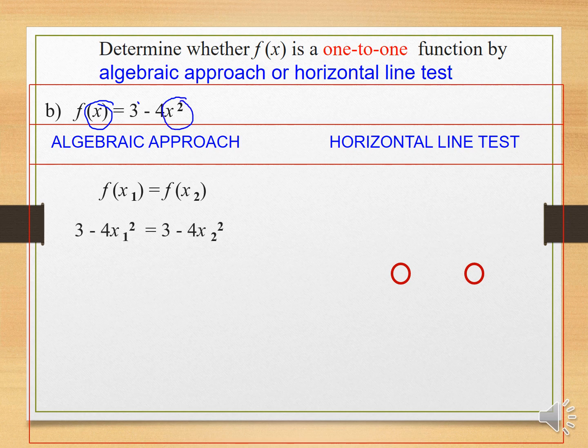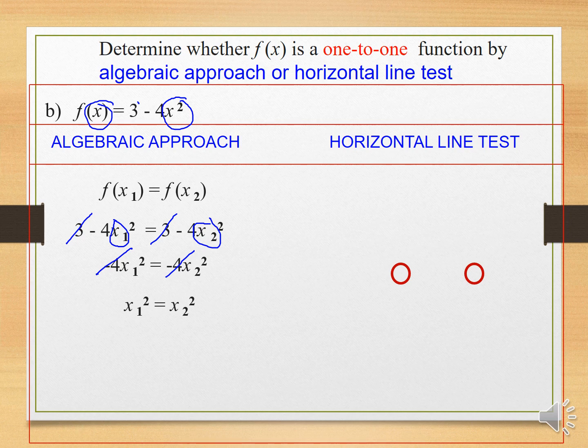Therefore, we get 3 minus 4x1 squared equals 3 minus 4x2 squared. Simplifying this, we get negative 4x1 squared equals negative 4x2 squared, and we get x1 squared equals x2 squared.